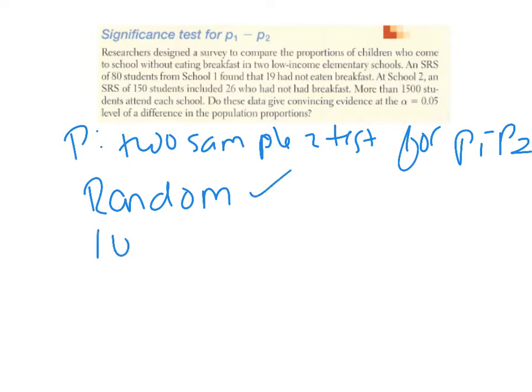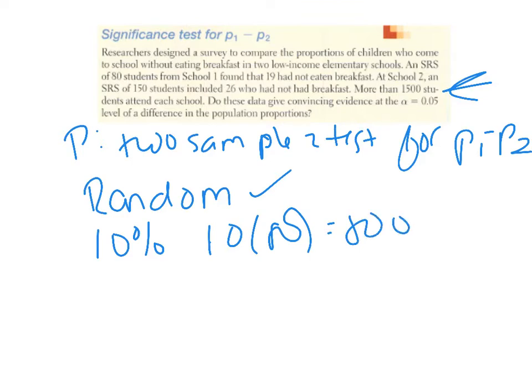I need to do my 10% condition. It told me that both schools have more than 1,500 students. So when I do 10 times 80, I get 800, which is less. When I do 10 times 150, I get 1,500, but it told me that I had more than 1,500 students, so I'm good there.